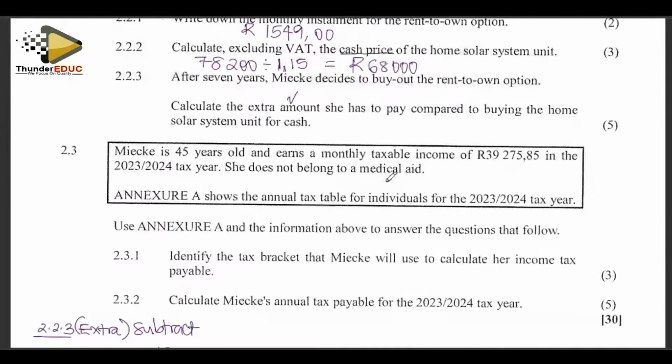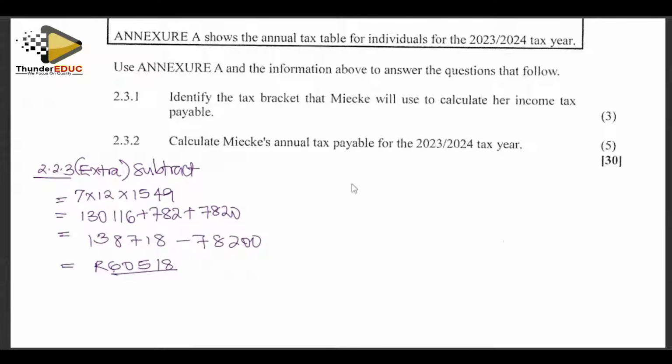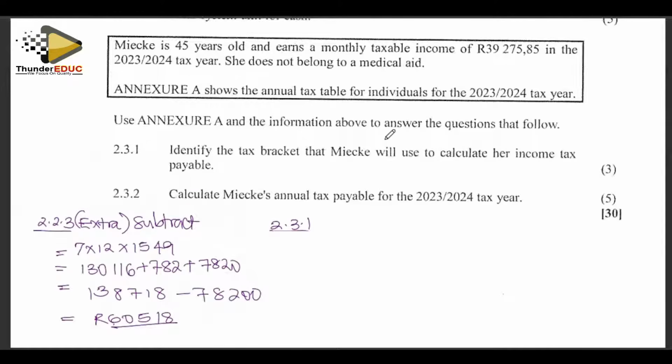Let's look at question number 2.3.1. It tells us to use an extra A. But before we go there, let's see. Maki is 45 years of age. She earns a monthly, already this is taxable, so you don't need to look for taxable income. Monthly taxable income in the 2023, 2024 tax year.